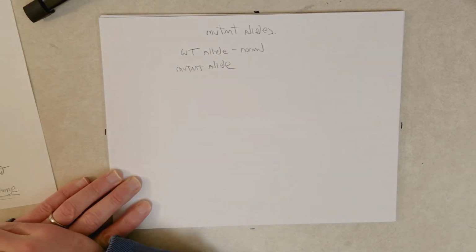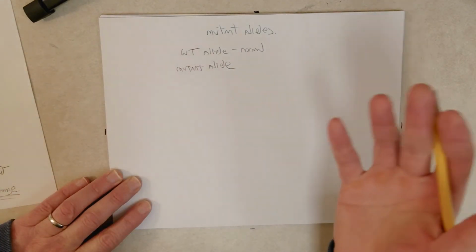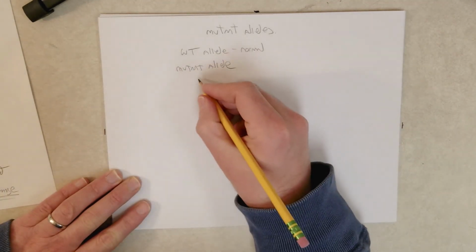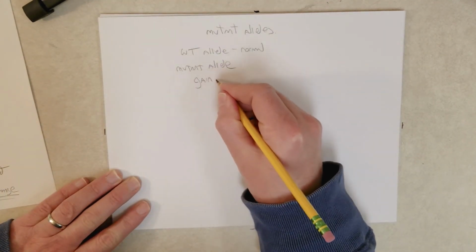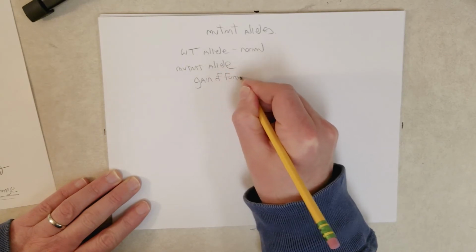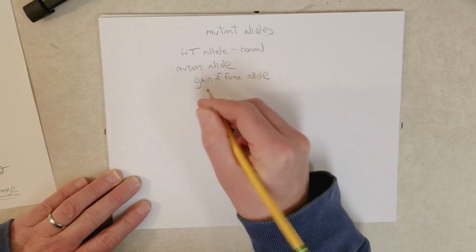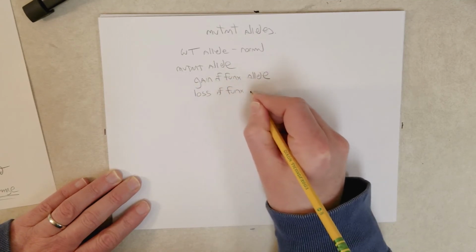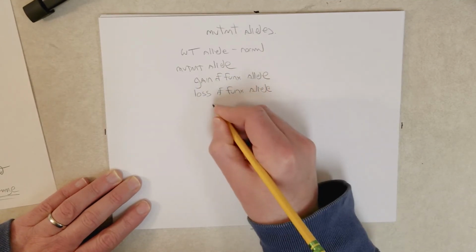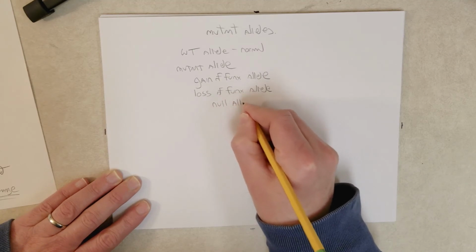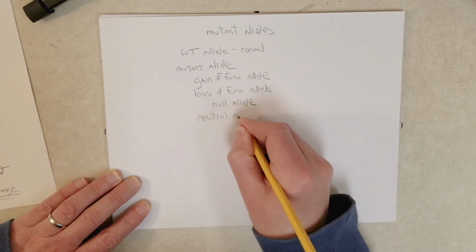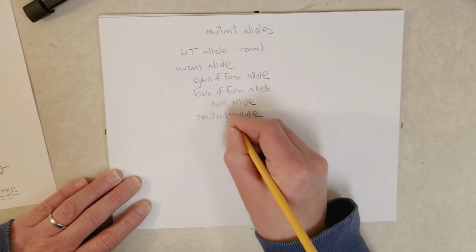So there are several different ways to classify a mutant allele. We can have a gain of function allele, a loss of function allele, a null allele. We can also have a neutral allele or neutral mutant.